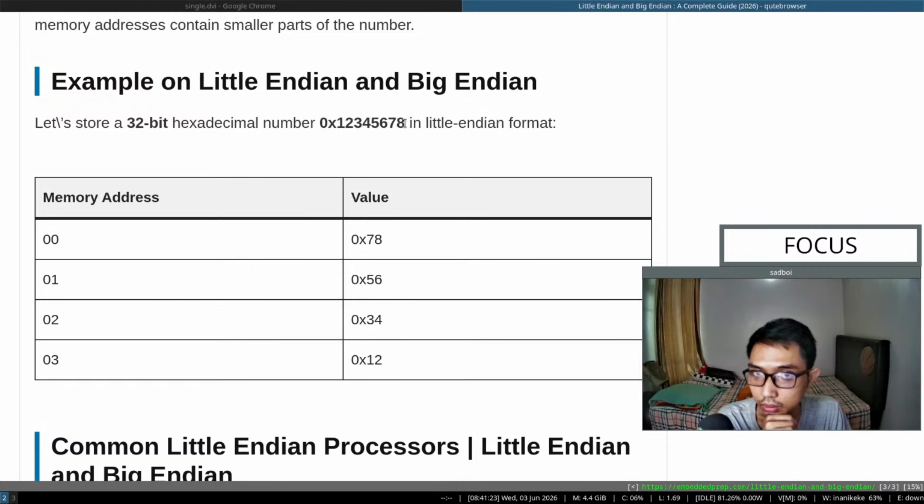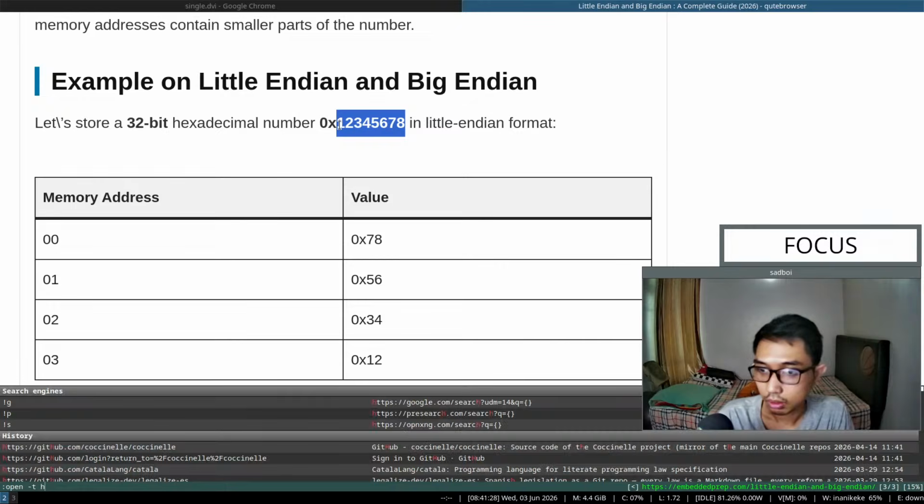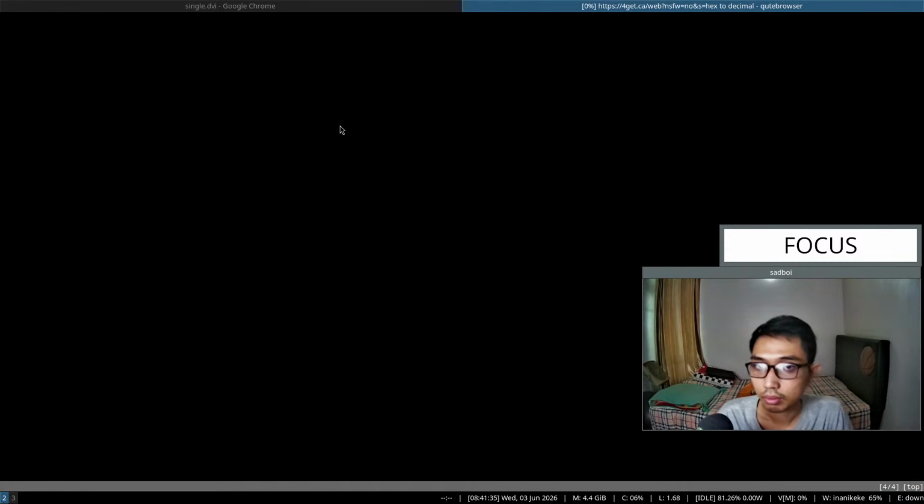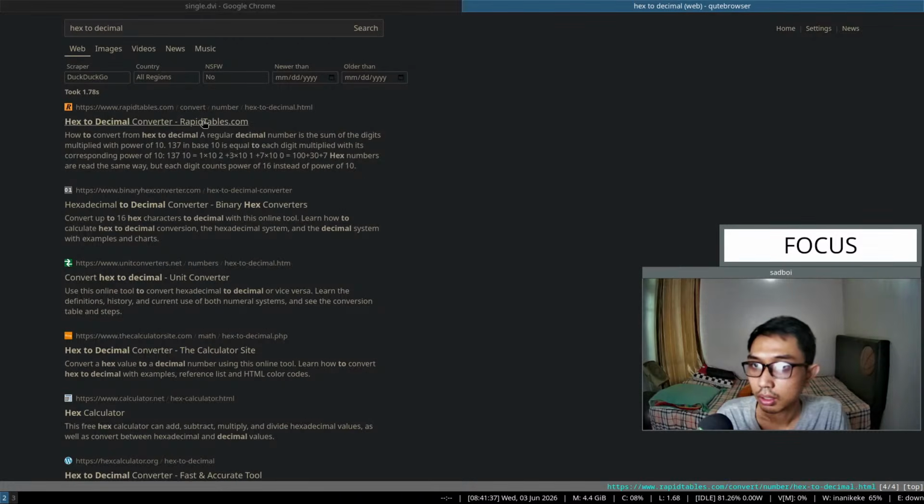Hexadecimal number, this one. Wait a minute, let me try converting this to decimal, I guess.